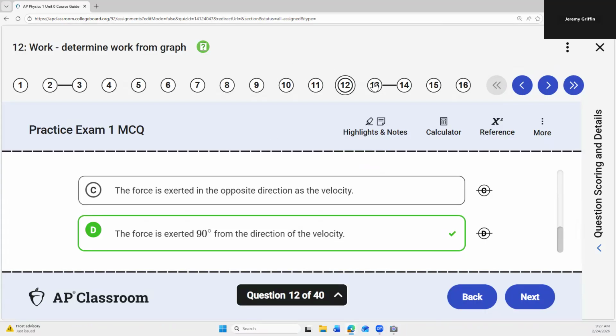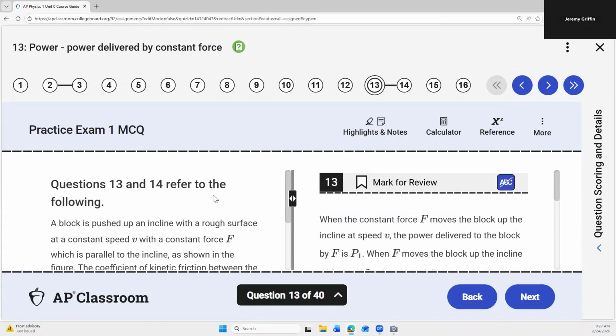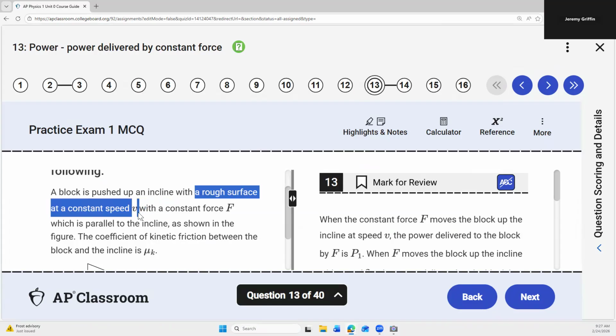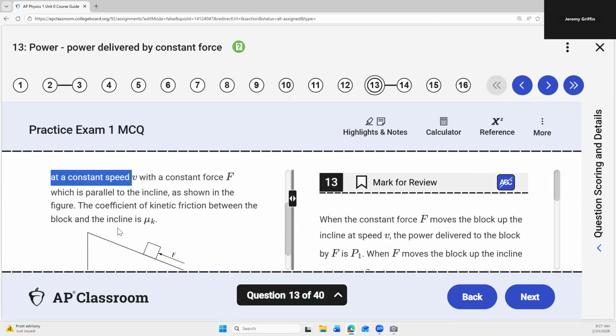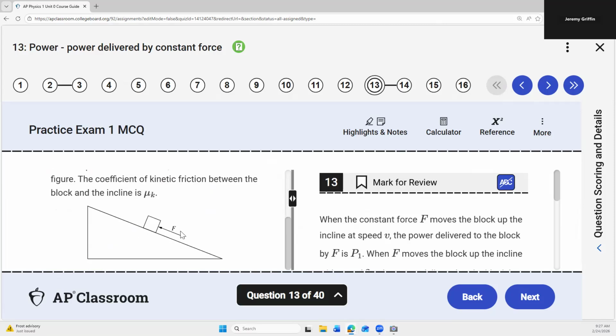All right, 13. A block is pushed up an incline with a rough surface at constant speed with a constant force F, which is parallel to the incline, as shown in the figure. So we're pushing this block up at constant speed. There is a coefficient of kinetic friction, mu k.